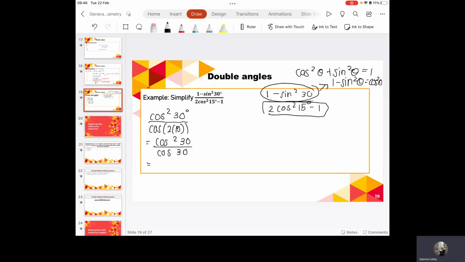So if I do cross cancelling, I'm left with cos 30 degrees, which I know is square root 3 over 2. If you asked how I got there, remember you've got cos 30 squared over cos 30, so if I cross cancel, I'm left with 1 at the top. That's how I got from here to here. So just pause and take it down.